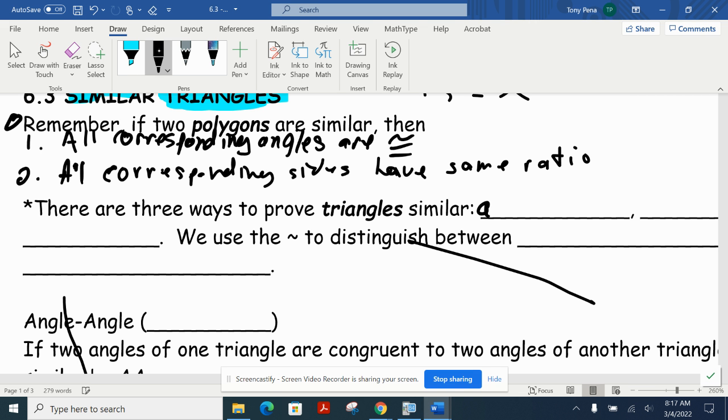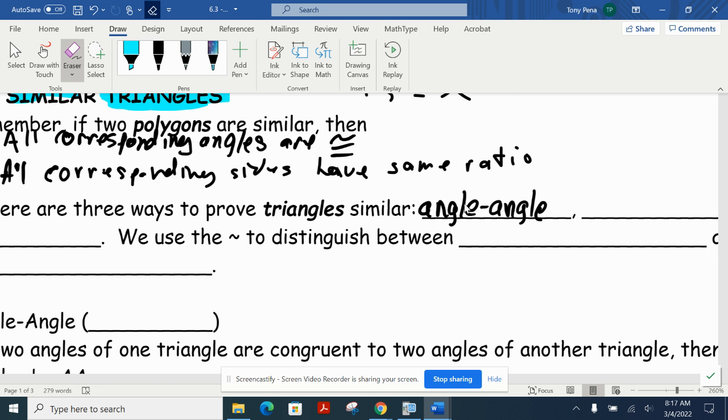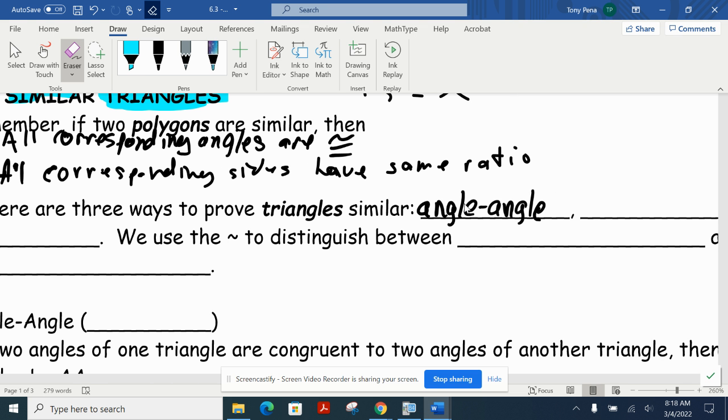The first way you're going to write is what is going to be called angle. Okay, and we'll talk about what that means here in a moment, but that's what we're going to write down for that. All right, a second way is with what we would call side.